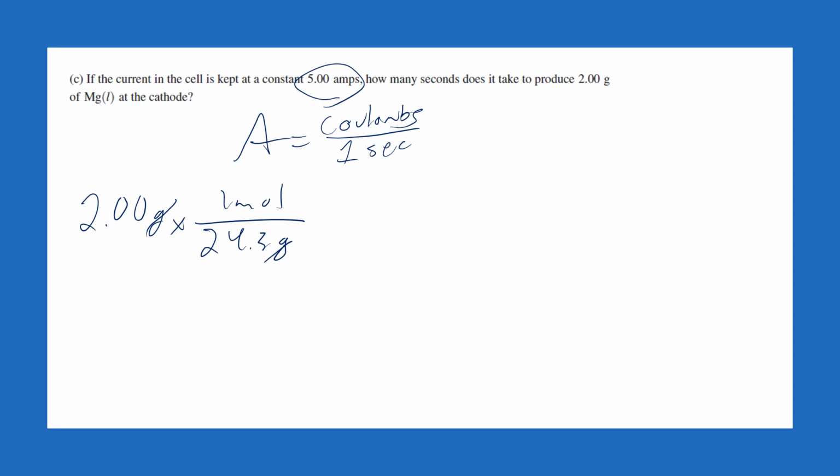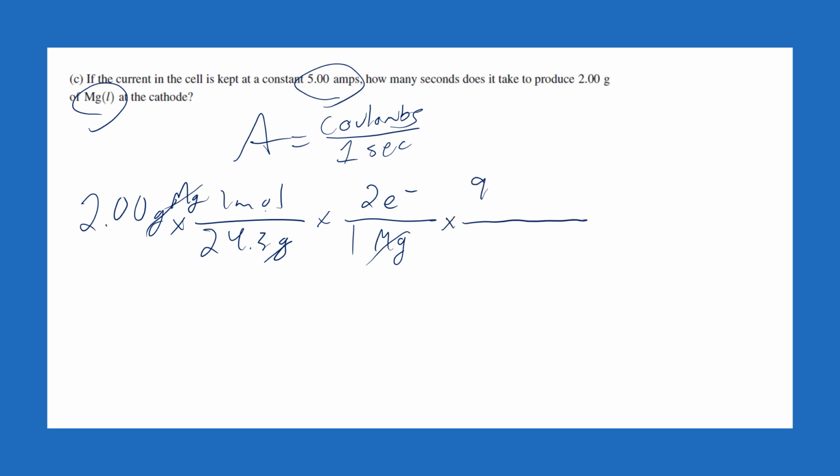Okay, and then magnesium, we saw that from the previous slide, but it's using 2 electrons, right? So for every 1 magnesium, we have 2 electrons. And that's because I didn't put the substance here, but the magnesium can cancel. And now we have moles of electrons.